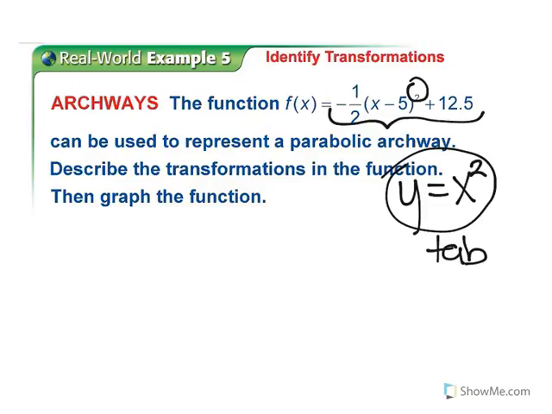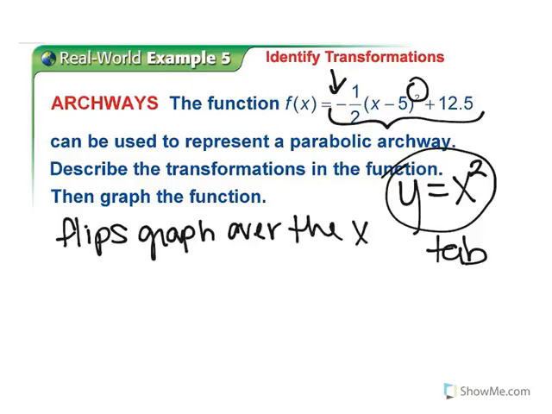Alright, so what happens is this negative here is going to end up flipping my graph over the x-axis. Okay, so that's the first thing that happens.